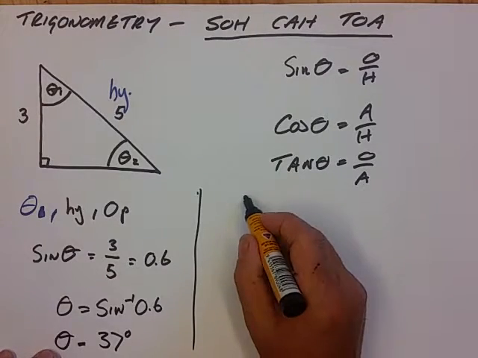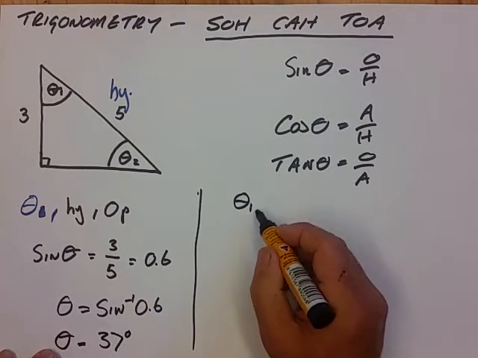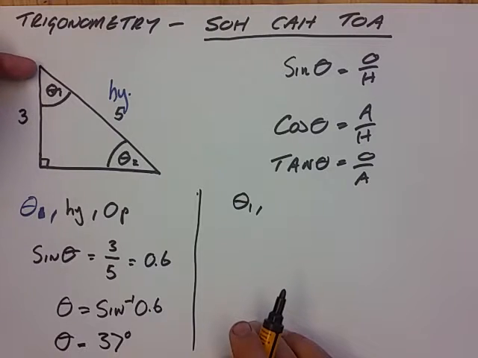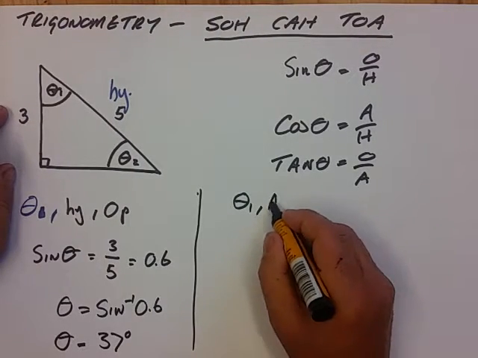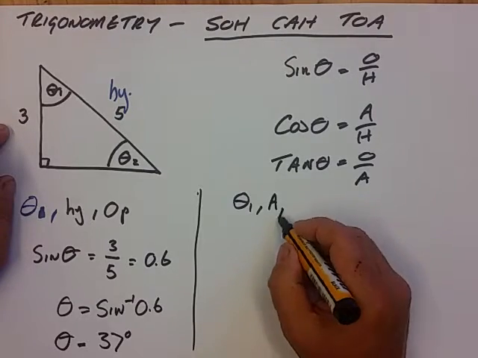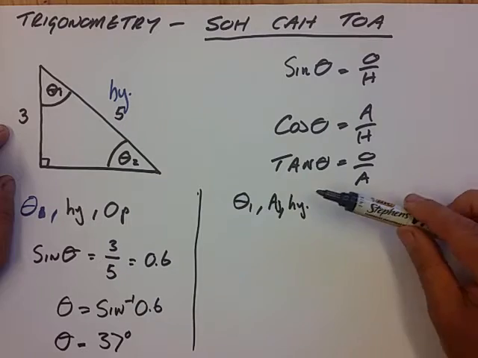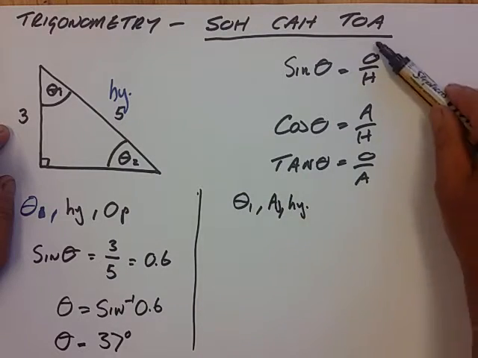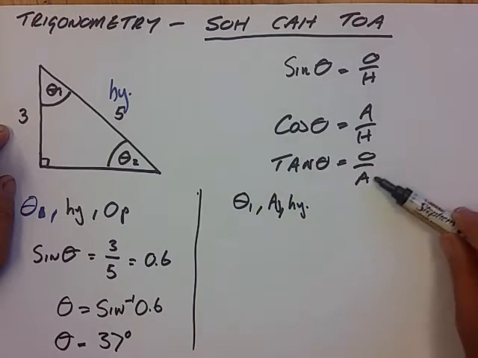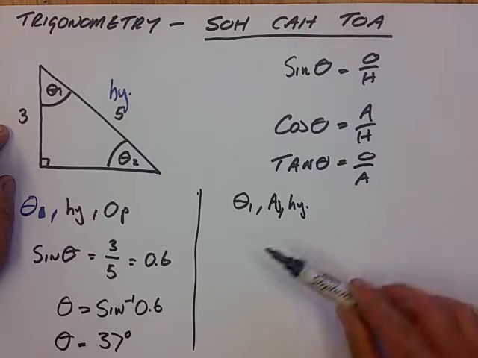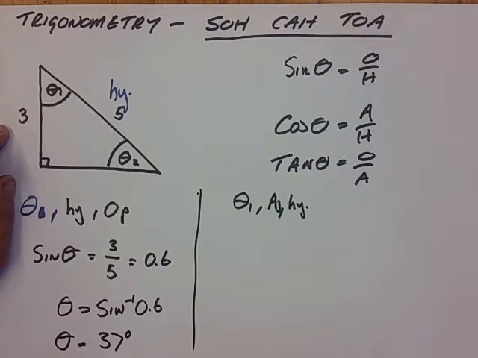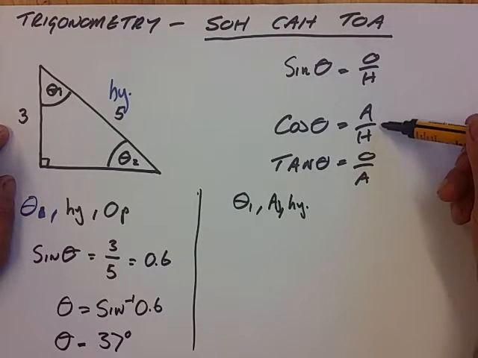So in this case, we're now looking for theta 1. Again, because we're looking for theta 1, 3 becomes the adjacent. So we have the adjacent and we have the hypotenuse. So we have theta, adjacent, hypotenuse, and we look to our formulas to see which of these contains these 3 variables, and we see it's the cosine.